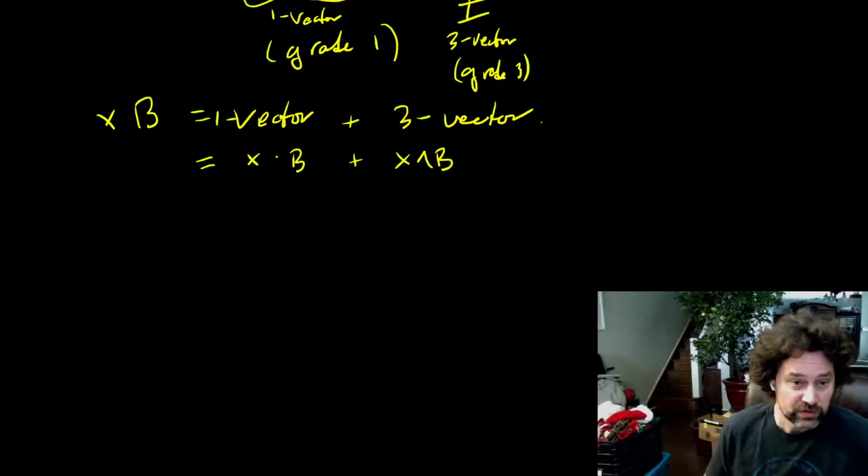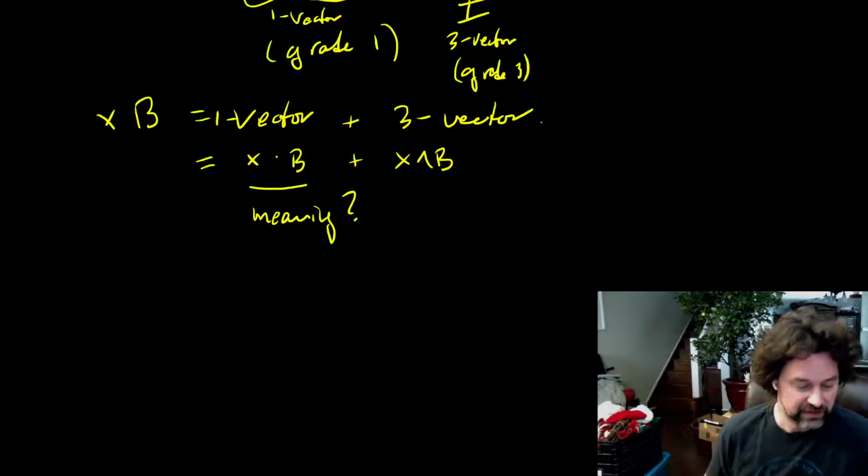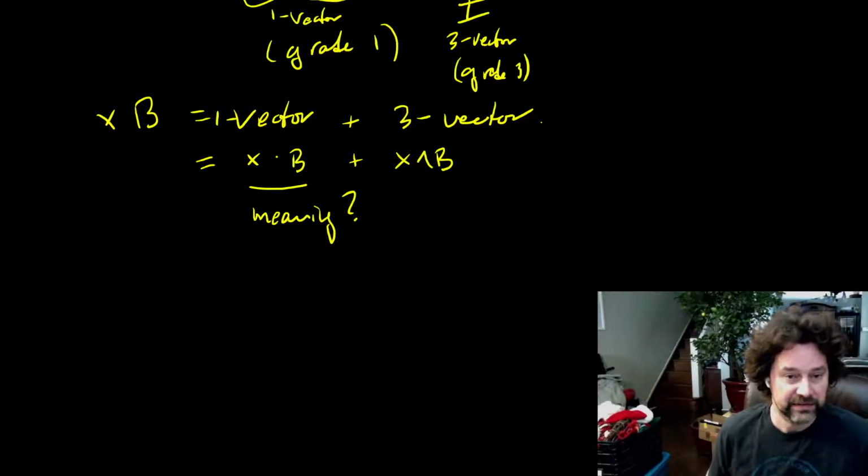So suppose we want to examine what this means geometrically. And we'll get to that. But let's start with taking a bivector with respect to a vector.